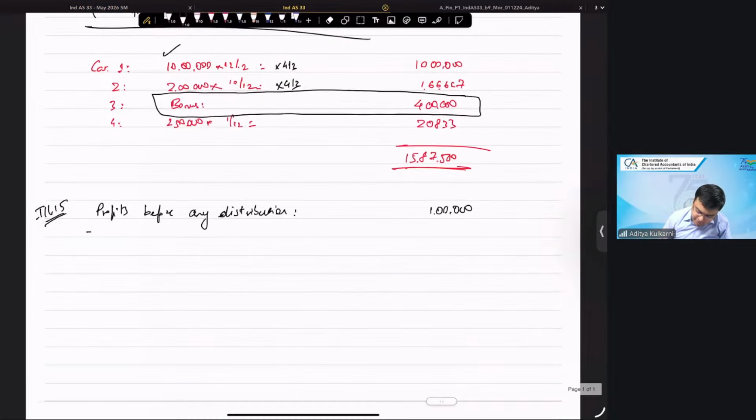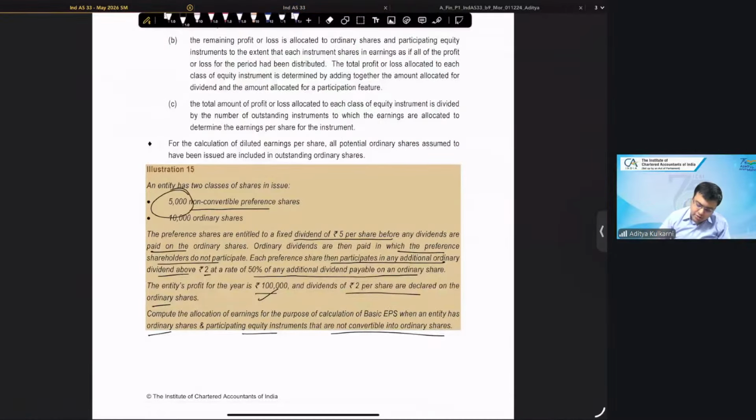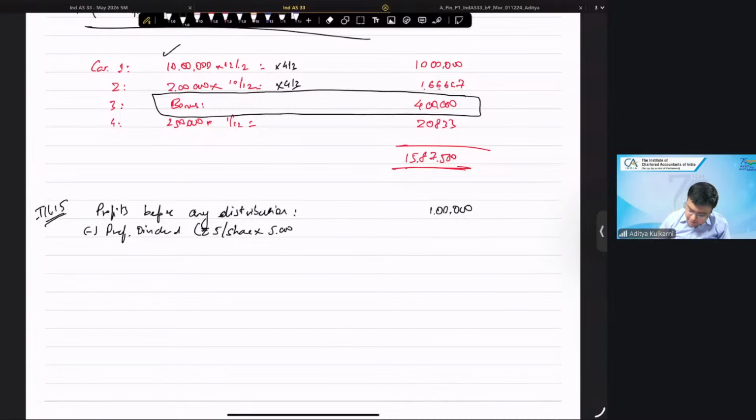Then I have less preference dividend. You remember 5 rupees per share? Rupees 5 per share into how many preference shares do I have? 5,000 non-convertible preference shares. So that comes to 25,000. Yes or no? So this is the balance that is left, 75,000.